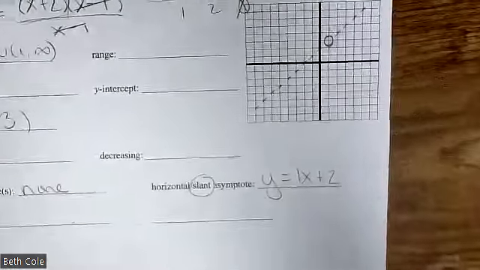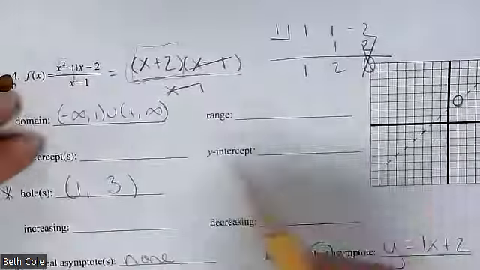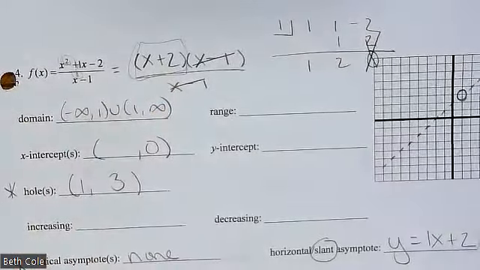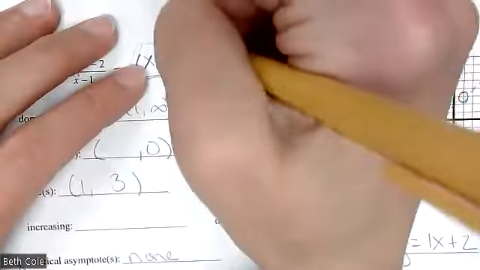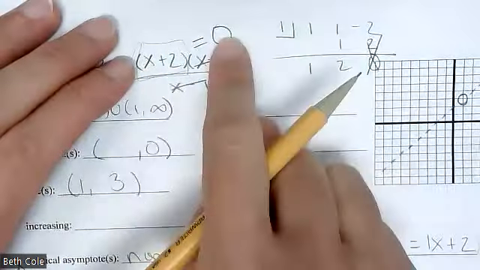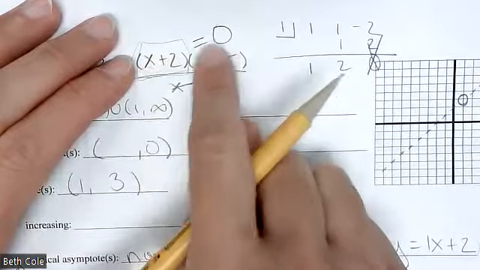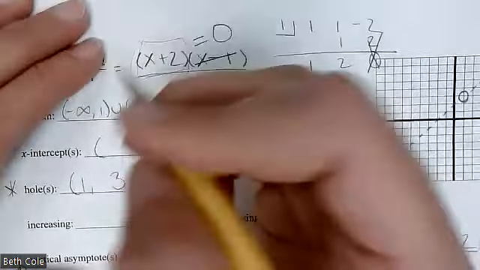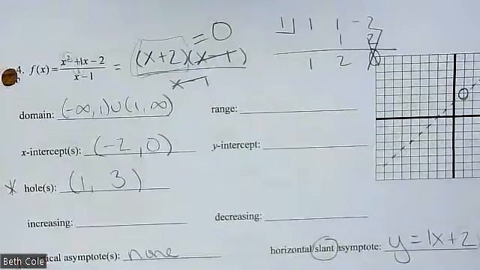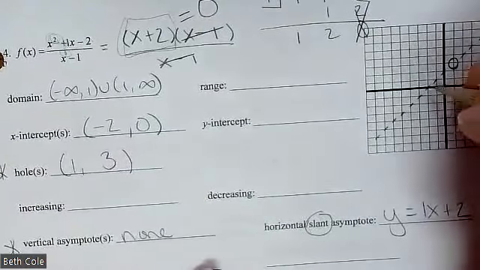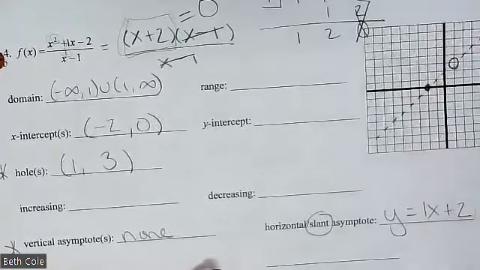Okay, then I'd like to get some points. X-intercepts. Gonna be something, 0. You're gonna set this whole thing equal to 0. So what would this give you if you set it equal to 0? -2, good. Now, when you go to put that on the graph, you should be like, hey, wait, hold on a second. Yeah, because it's on the asymptote.